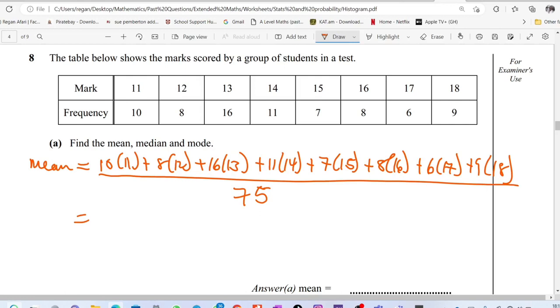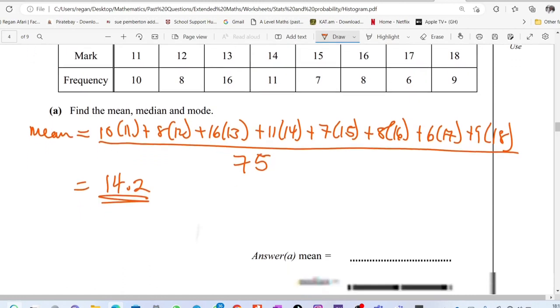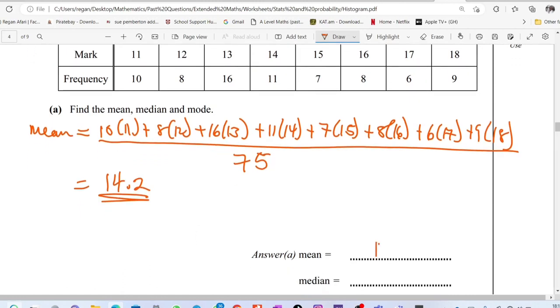Great. Divide by 75. Our answer is 14.2. Yeah, I remember this value. 14.2. Great. So that's the mean.